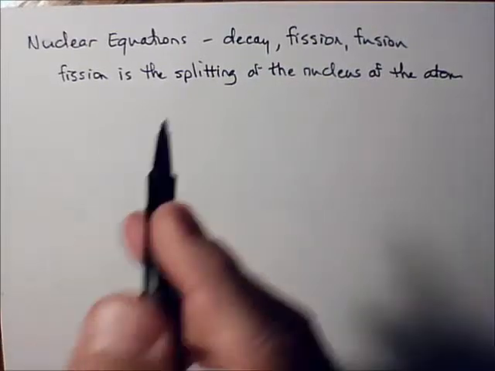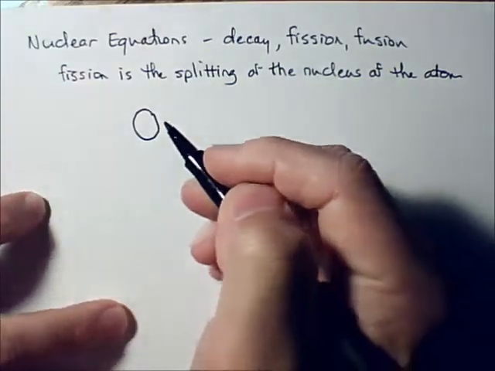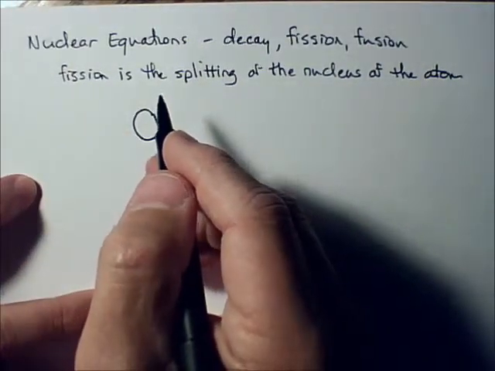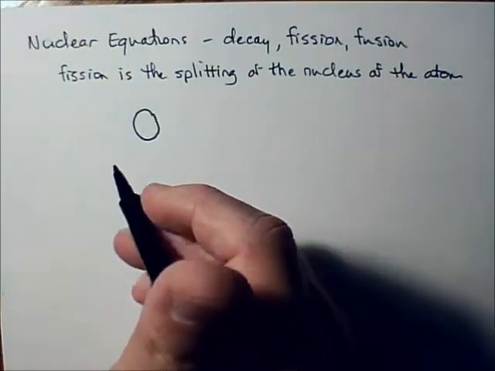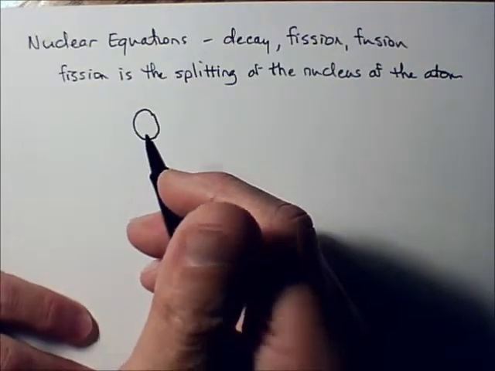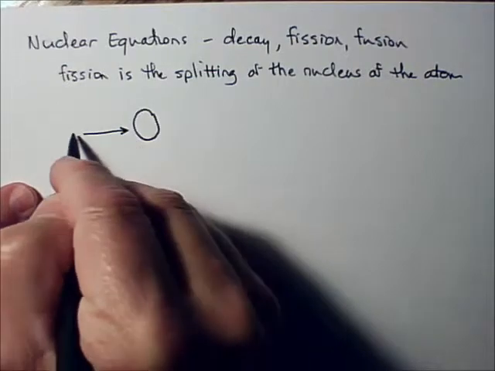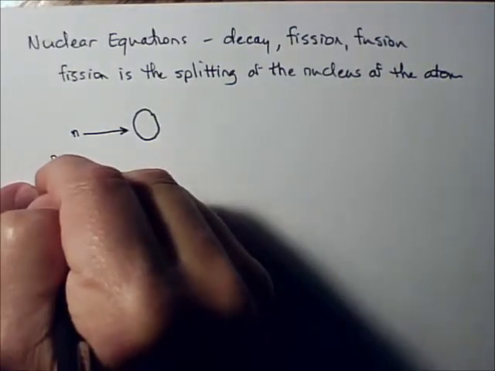Well, if we have a nucleus of an atom, or a large atom, nucleus of a large atom, and really large atoms are unwieldy, okay? They're not very solid. They're kind of squishy, and they kind of wiggle. And so if you take and stick just one extra neutron on there, so here's a neutron, okay?